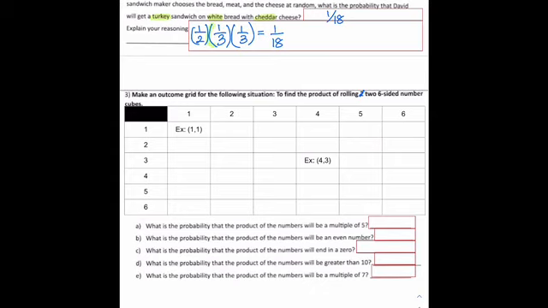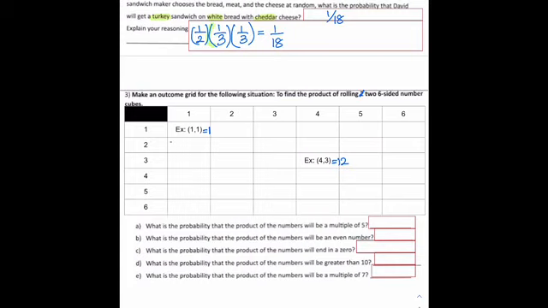Because it's multiplication, I'm also going to write the answer for the multiplication in each box of the grid. So 1 times 1 will give us 1. Here, 4 times 3 will give us 12. We will continue to do the same thing for each one of these boxes in the grid.